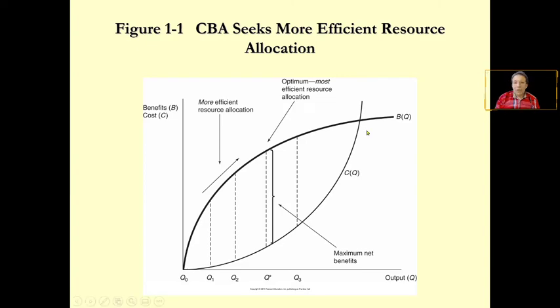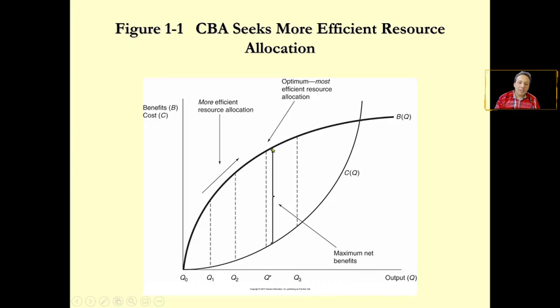Right, so as a result of this shape of these curves, the benefit curve and the cost curve, we have therefore the more efficient resource allocation, meaning that at this stage, we are going to find that the highest difference between these two curves is going to render the maximum net benefits.